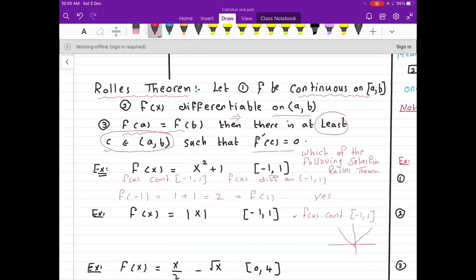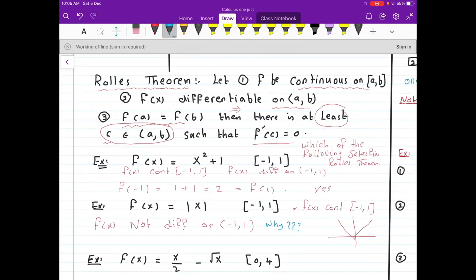لكن f x not differentiable on the interval minus 1 and 1, why? We have a question. Since f x not differentiable at 0 and 0 included in this interval, why?